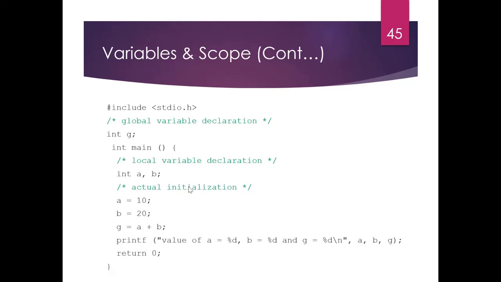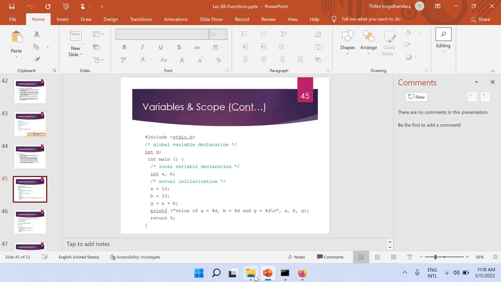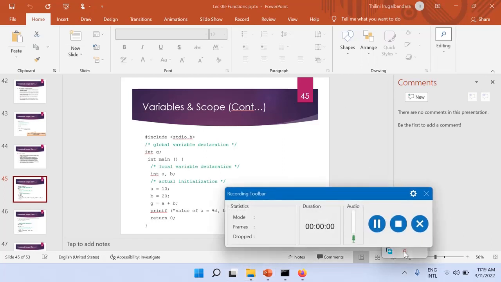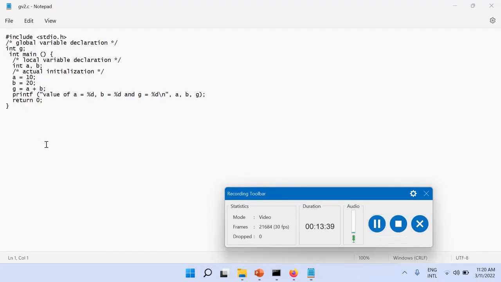I will show you the output. Here you can see int g, a global variable, and inside the main function, initialization is done, g equals a plus b. Although the declaration did not happen inside main, we can access it because it is a global variable.